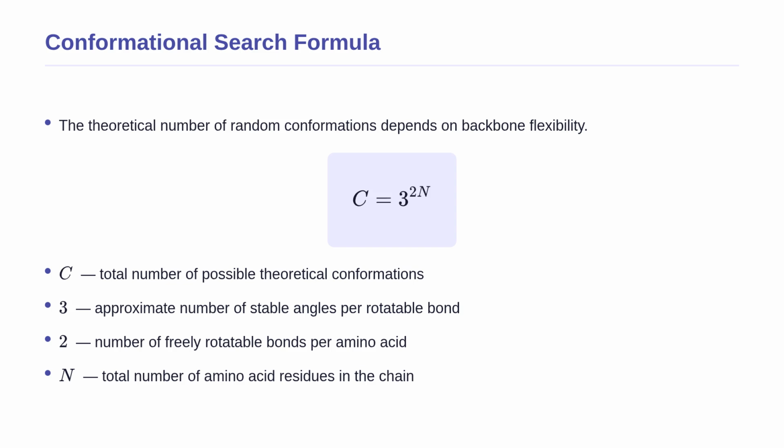C is the total number of possible theoretical conformations. The number 3 represents the approximate number of stable angles for each rotatable bond. The multiplier 2 is used because each amino acid has exactly 2 freely rotatable bonds in the main backbone, known as the phi and psi angles. Finally, n represents the total number of amino acids. As n increases, the number of conformations grows exponentially.